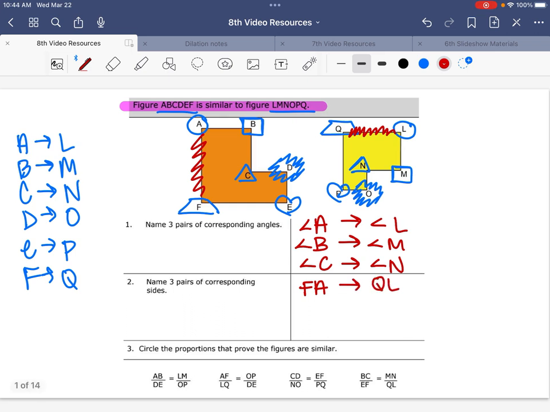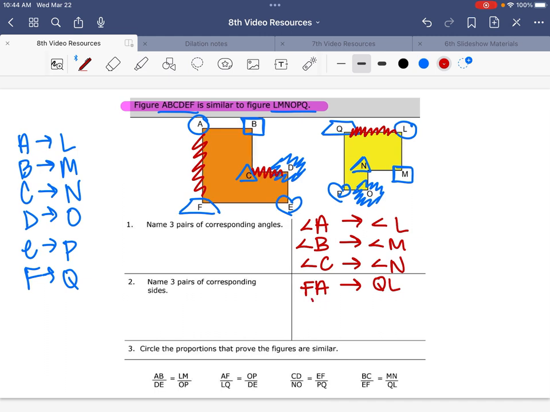And the same if I say, okay, well, side CD, well, that would correspond with side NO. Notice it's not always going to be in what you think is the exact same spot, because shapes might be turned. They might be rotated.